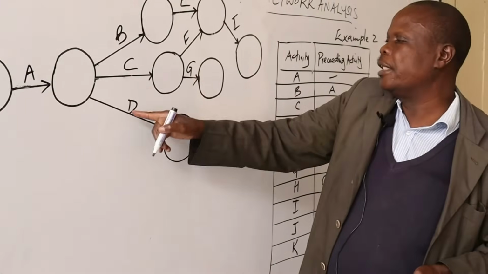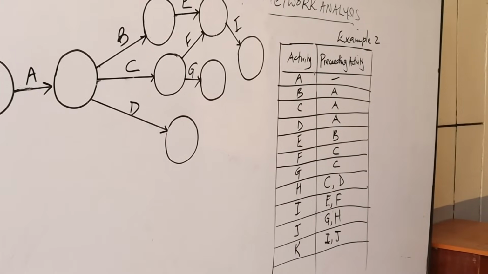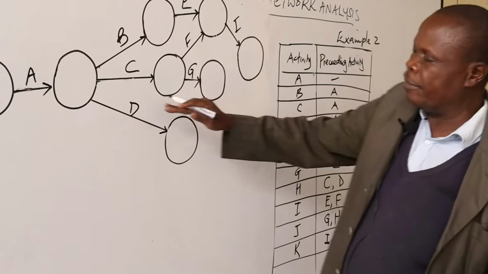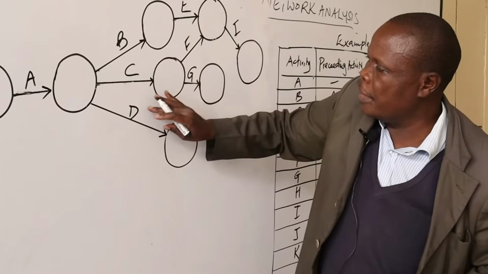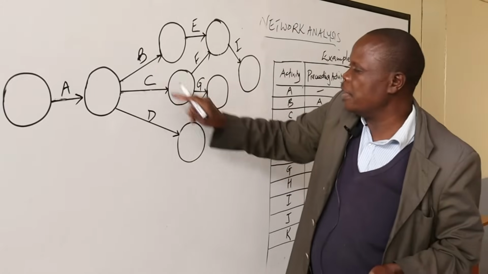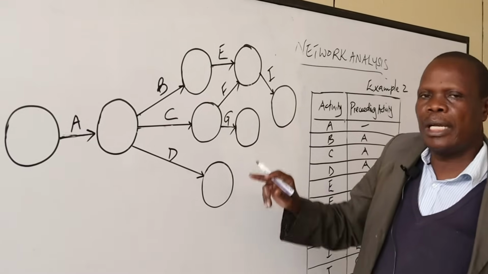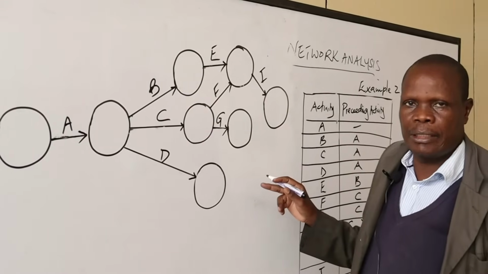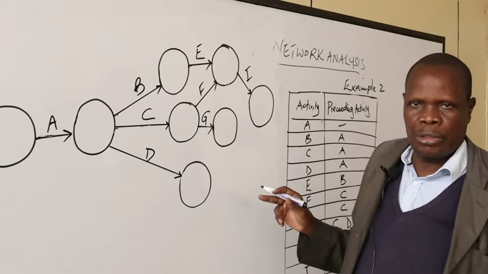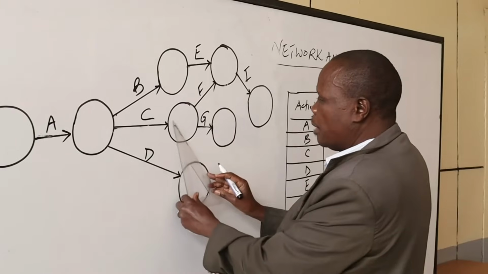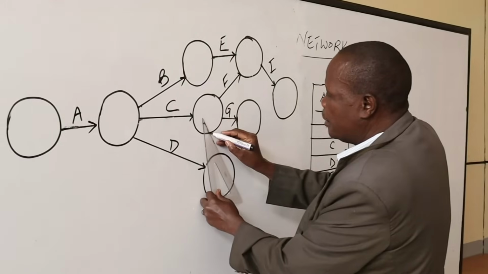C and D are activities which occur simultaneously, at the same time. B, C, and D are occurring from here. So C and D cannot converge directly because they are occurring at the same time. These are activities known as dummy activities.